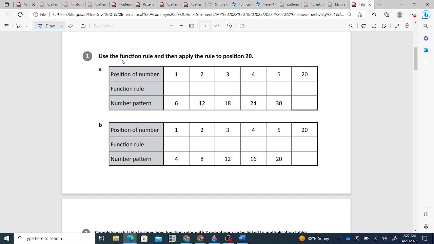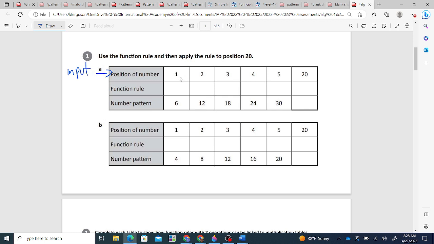So next, use the function rule. Use the function rule and then apply the rule to position 20. Well, I'm starting at position 1. That's my first term. And I've got 6. So remember, my position, that's my input.